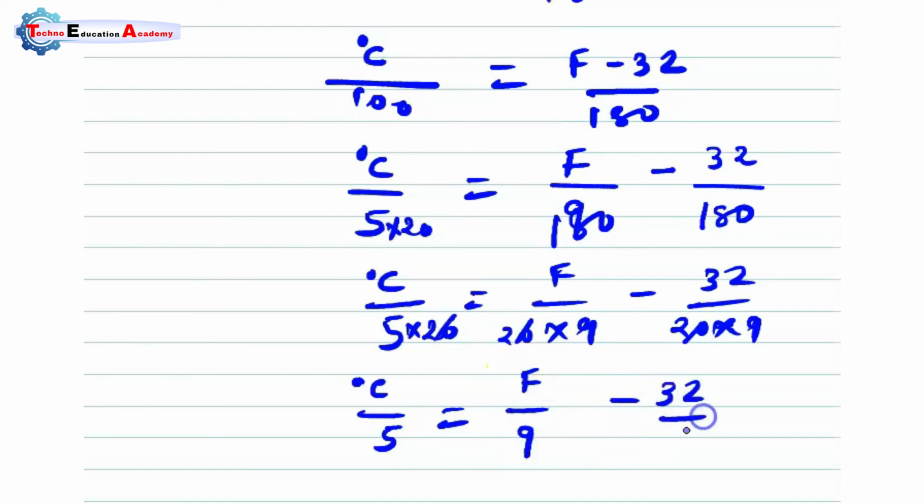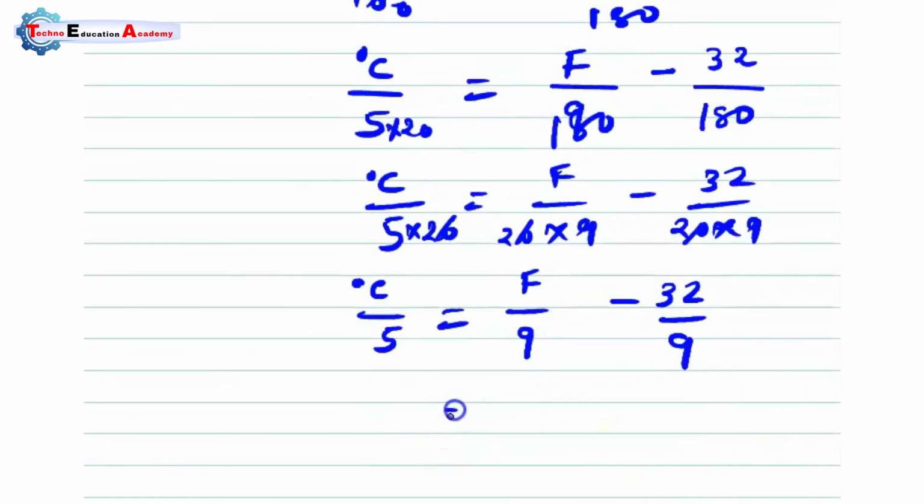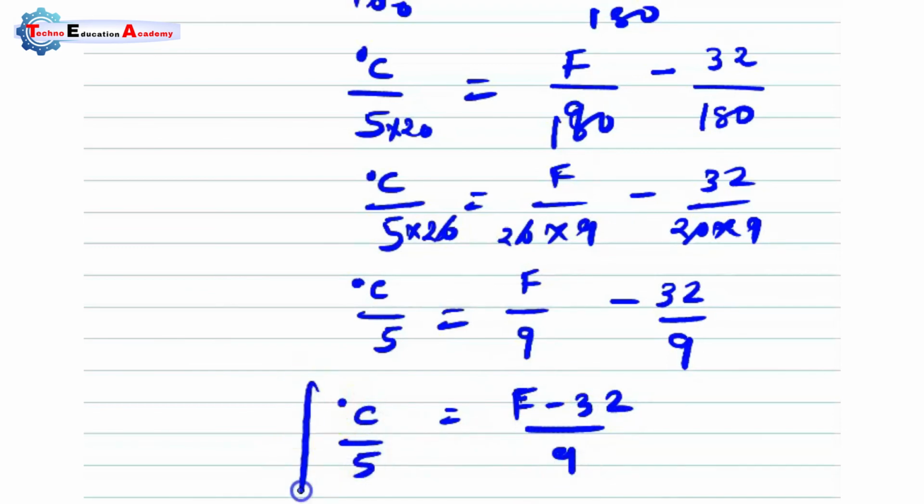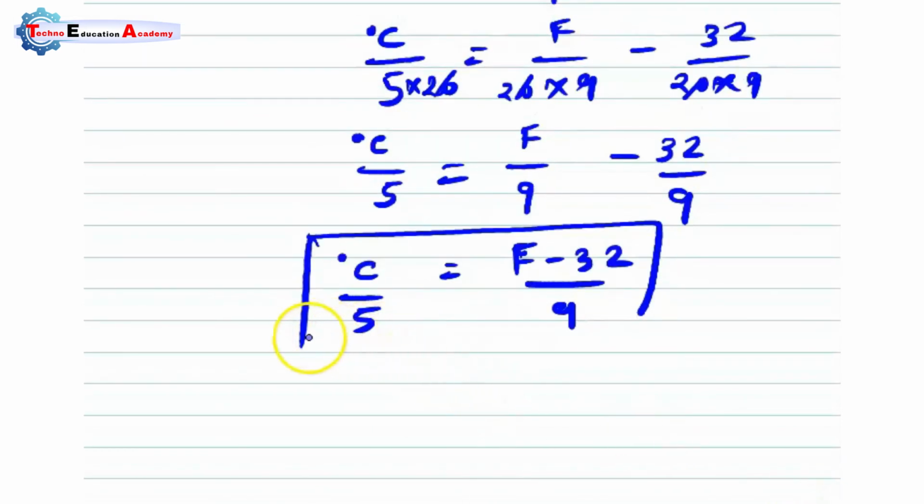So (F minus 32) divided by 9 is equal to C divided by 5. This is the relation between the centigrade scale and the Fahrenheit scale.